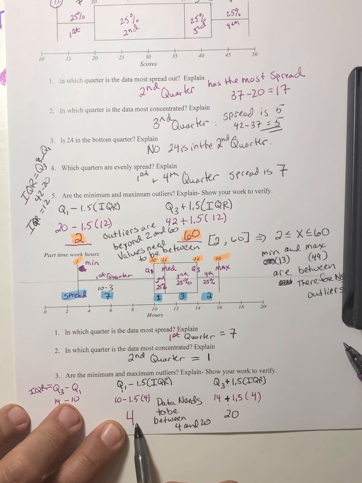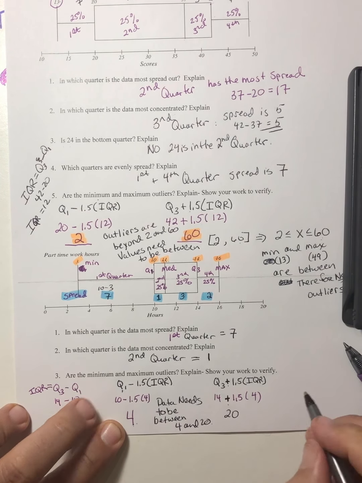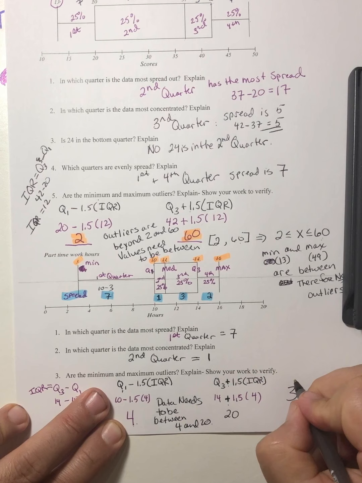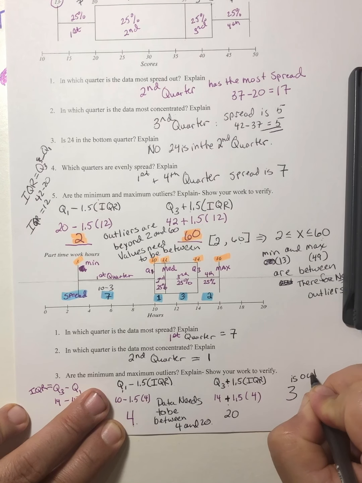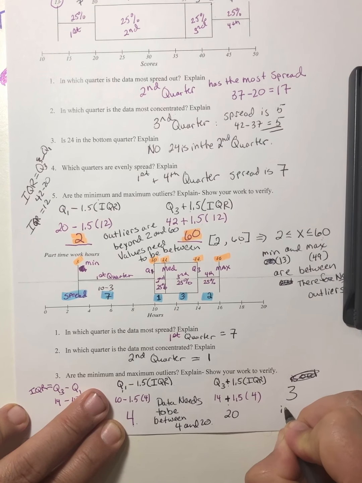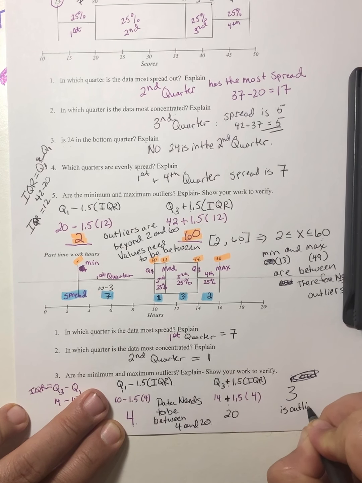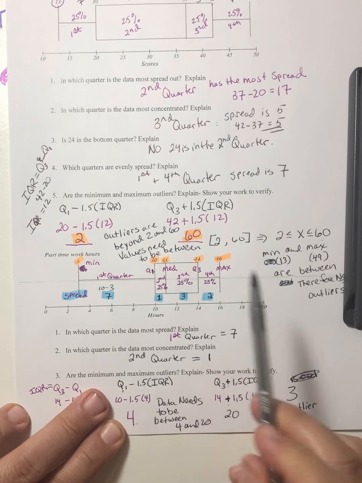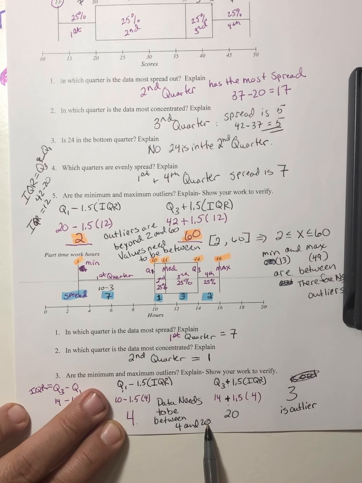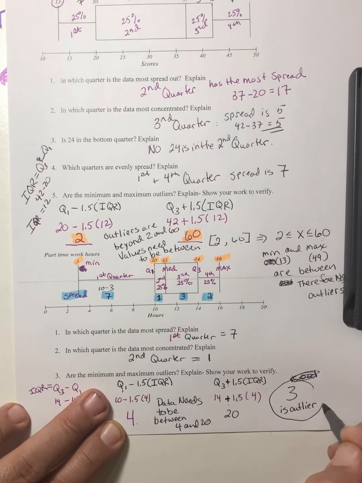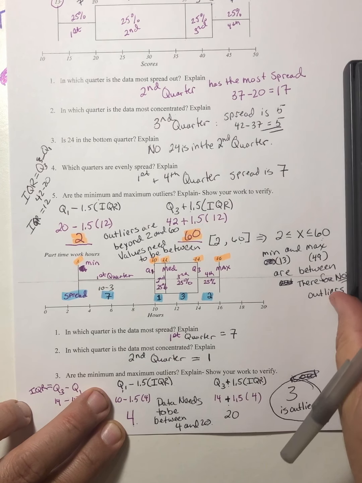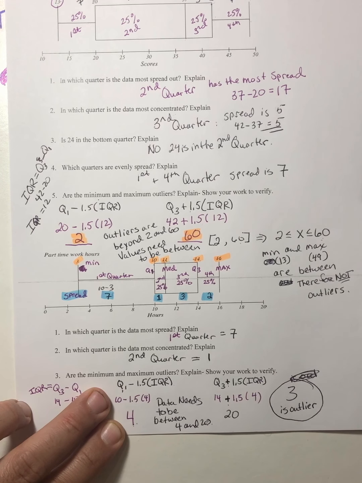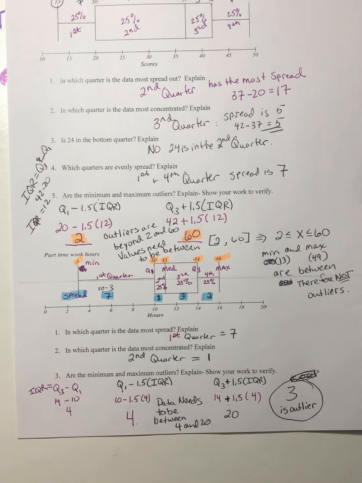That is not between 4 and 20. So 3 is an outlier. And let's see, our maximum was 16. That is definitely between 4 and 20. So this is our only outlier. So 3 is an outlier only.